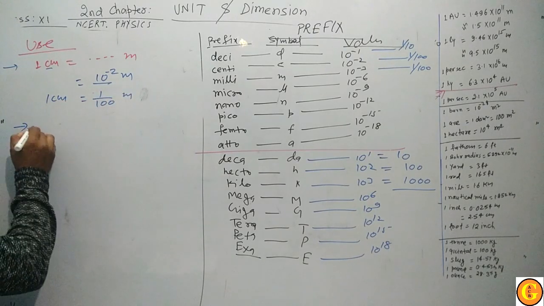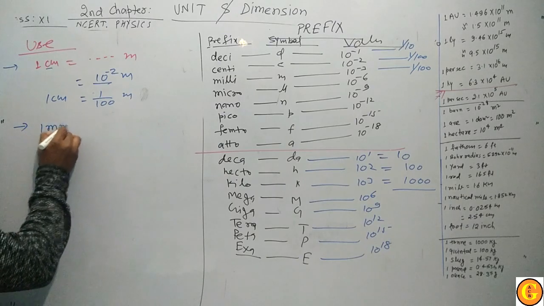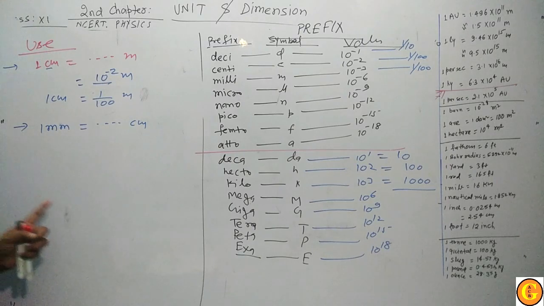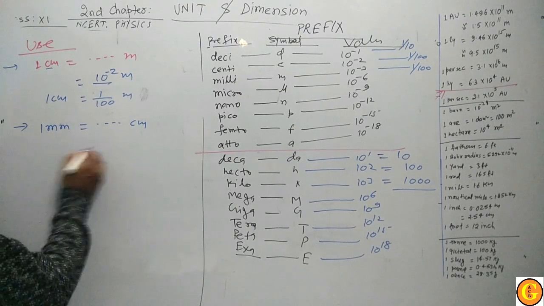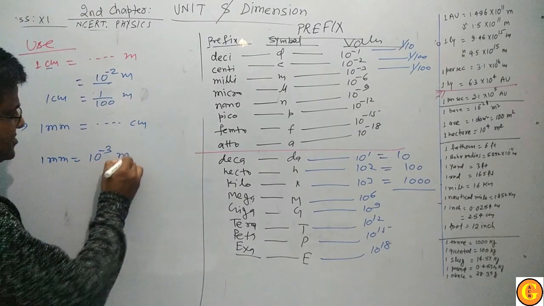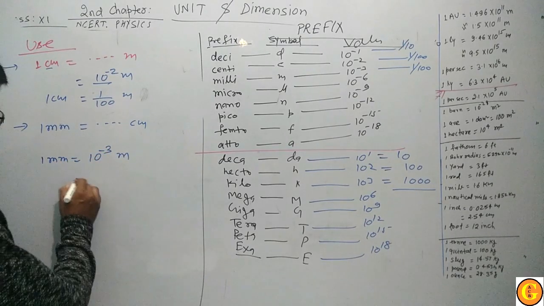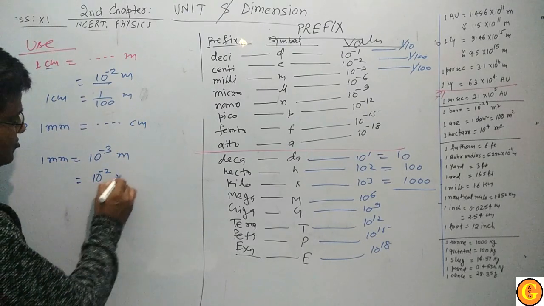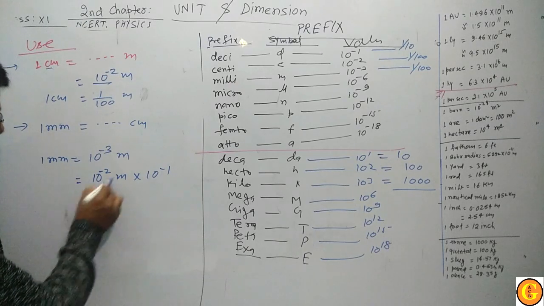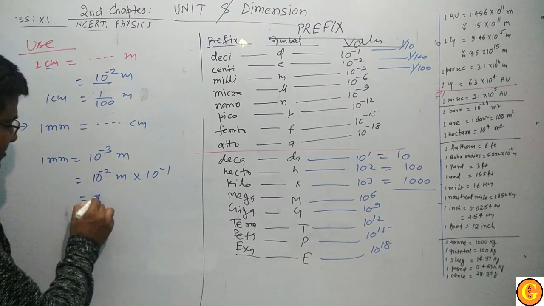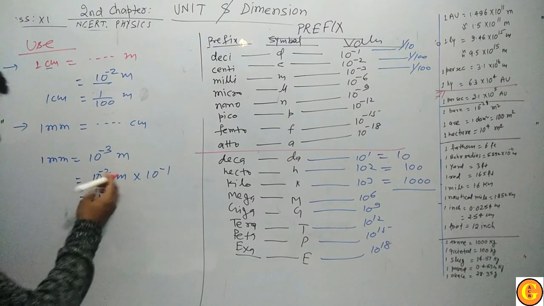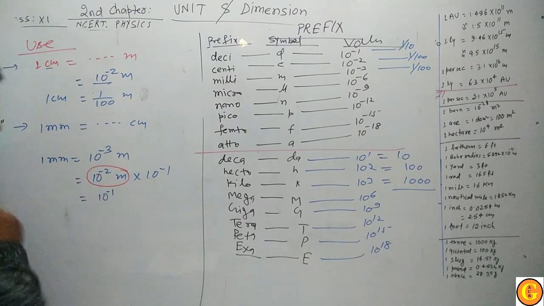The other usage: someone asks, 1 millimeter is equal to how many centimeters? Then 1 millimeter is equal to 10 to the power minus 3 meter, and you may write it as 10 to the power minus 2 meter into 10 to the power minus 1, where 10 to the power minus 2 meter is the centimeter.